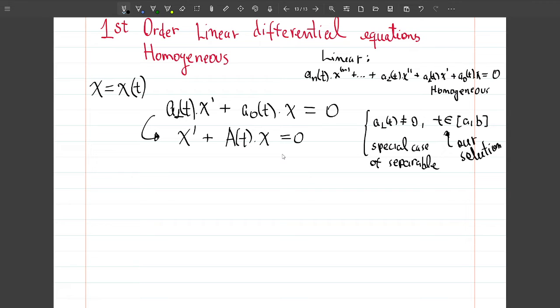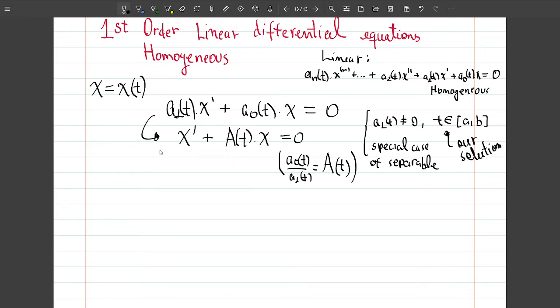Inside the parentheses, a0 of t divided by a1 of t, we are redefining as another function, capital A of t. And it is a separable equation.